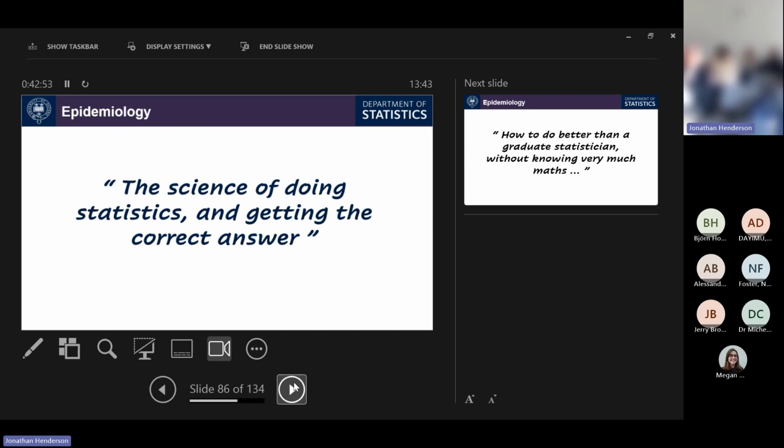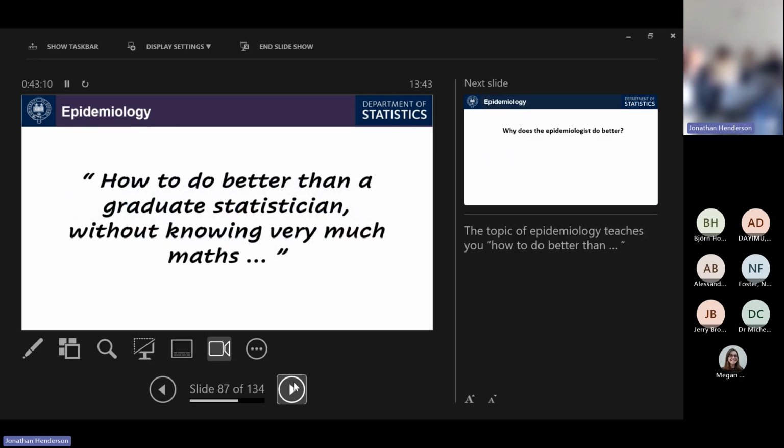If as a new statistician you were to start analysing medical data without the background of epidemiology, you would very likely go very wrong. Another way I like to describe this is, it's how to do better than a graduate statistician without knowing very much maths. And I believe this is true.